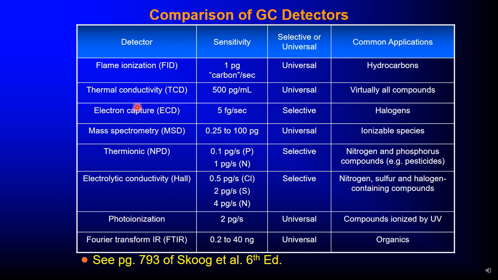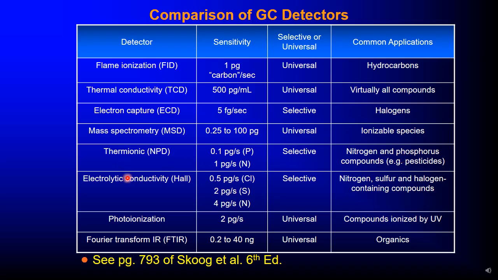We have electron capture, majorly for halogens. We have mass spectrometry, also universal, for ionizable species. Then we have thermionic, majorly for nitrogen and phosphorus compounds.